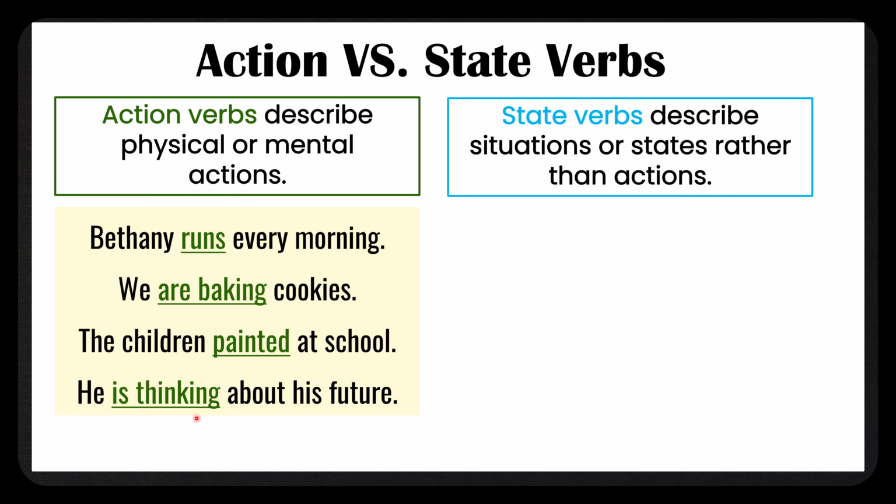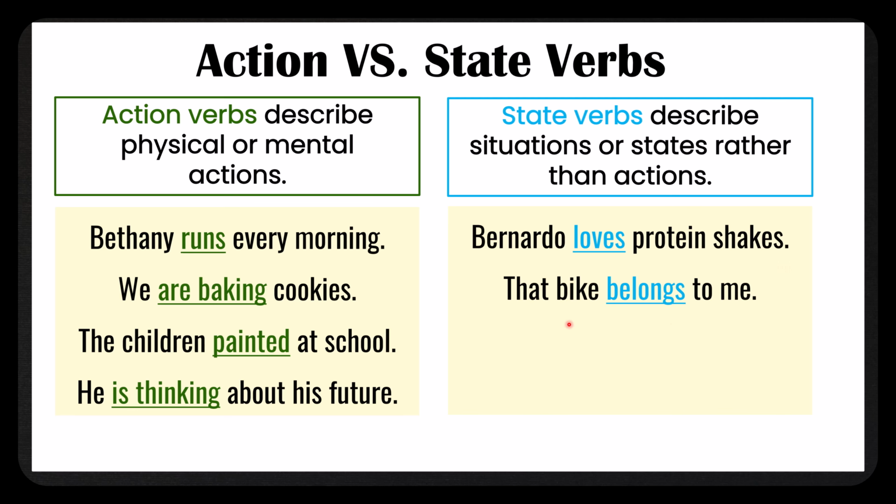In this moment, he, the man, is sitting down and thinking about his future. Whereas state verbs describe situations or states rather than actions, and we use them to describe a state of being, emotion, or an opinion. For example, Bernardo loves protein shakes. That bike belongs to me.